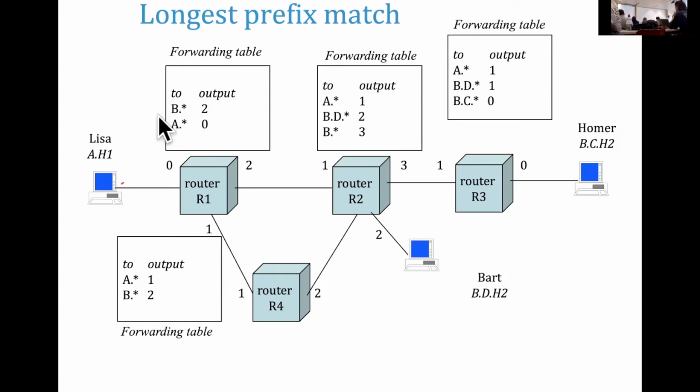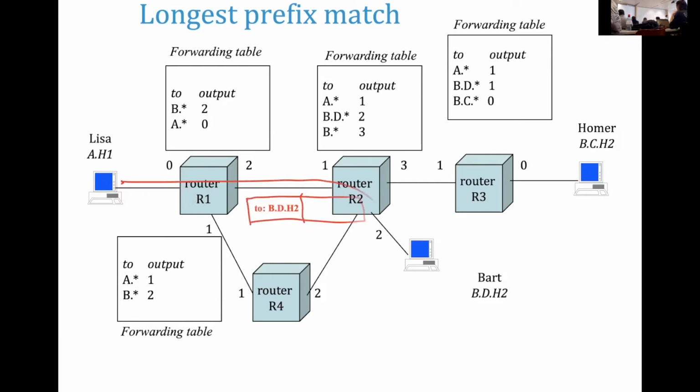We have different lines. At each line, we say any address that is B dot something, we will output at interface number 2, at this port here. If the address is A dot something, we will output it at interface number 0.